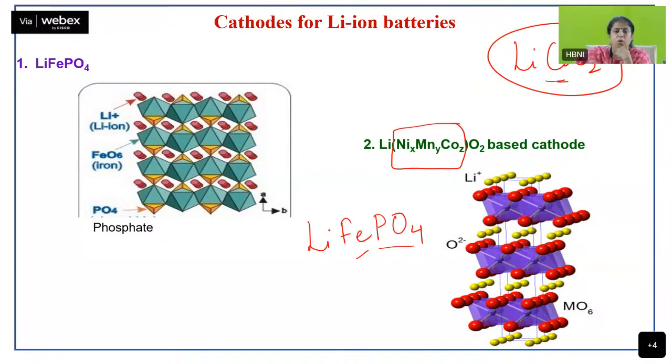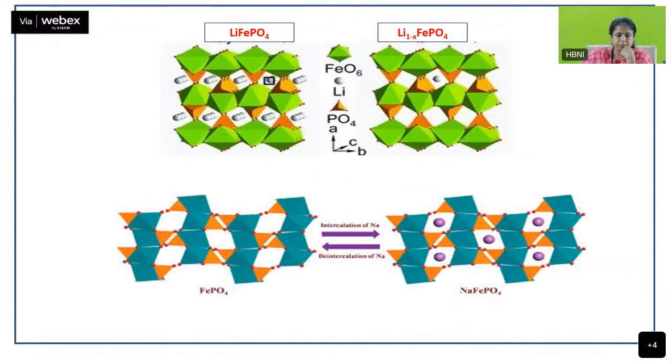Okay. So in this particular case, this is your LiFePO4. Some of the lithium will go and it will form Li1-xFePO4. Now, how is the charge neutrality maintained? Because Li was there in between the channels. Once Li+ is gone, the positive charge of the material has come down. If it is not electrically neutral, the structure will crumble.